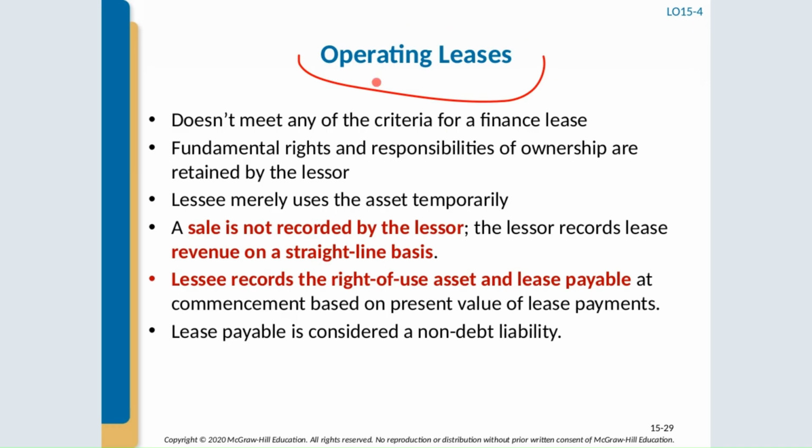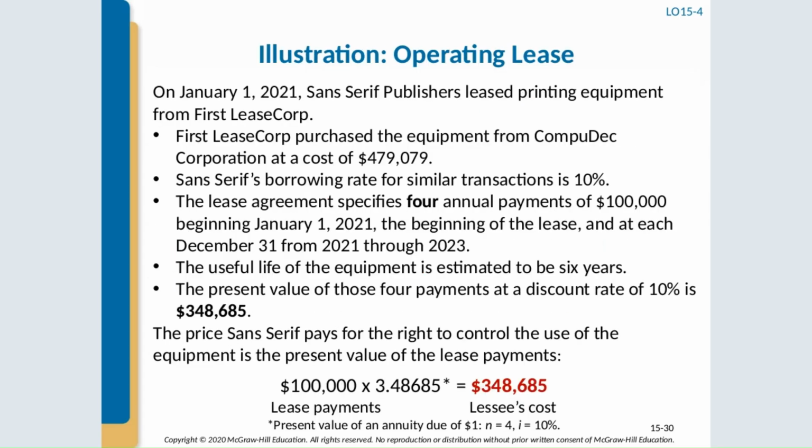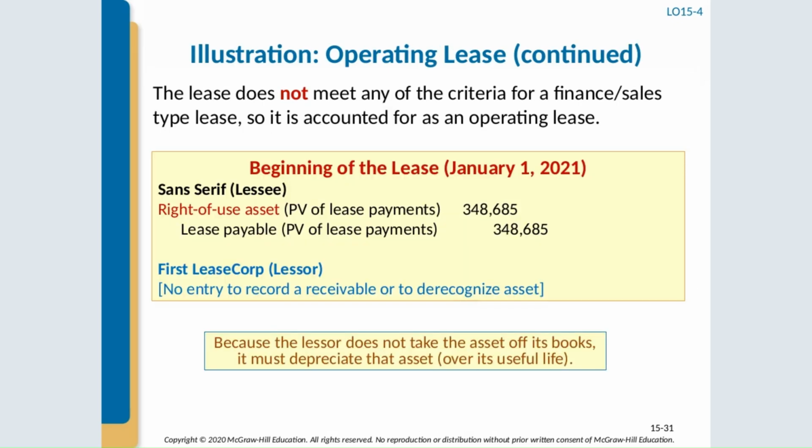So this was called an off balance sheet transaction, but that has changed once GAAP has converged with IFRS. And this has been for a long time very controversial. So now they are requiring that if they have an operating lease, they still have to record the liability. Okay, so it's not kept off the books anymore.